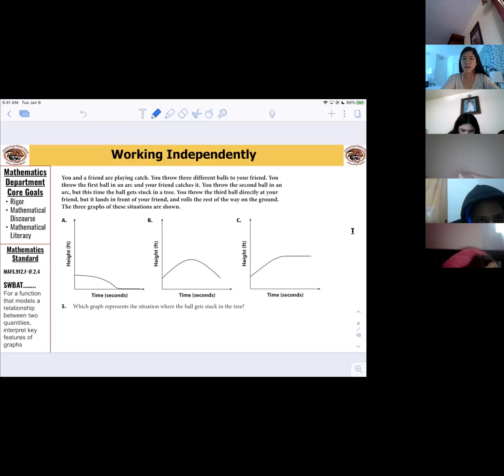About 30 seconds left. Right now, I want you guys to tell me which one is which. So which graph corresponds to which ball?